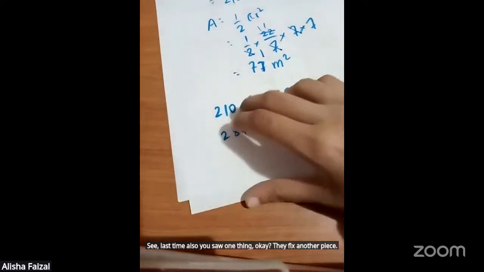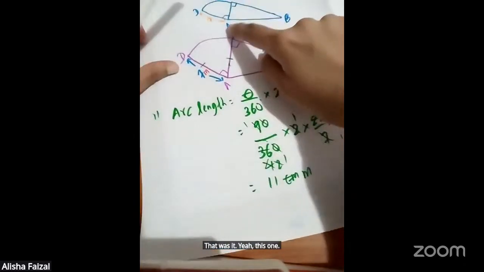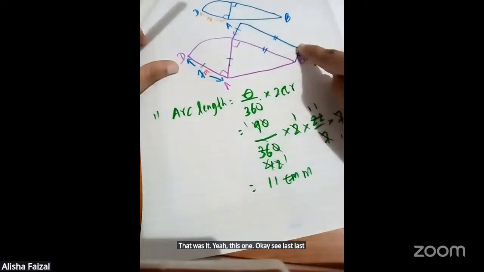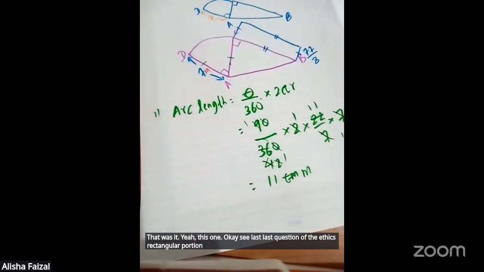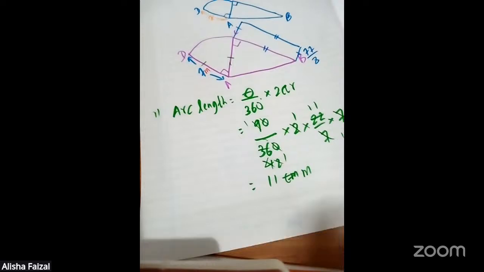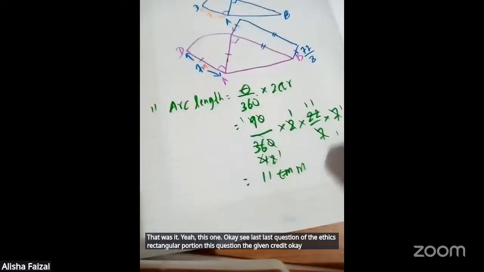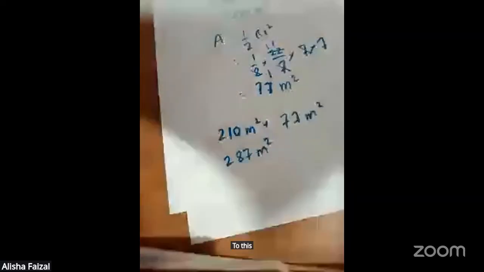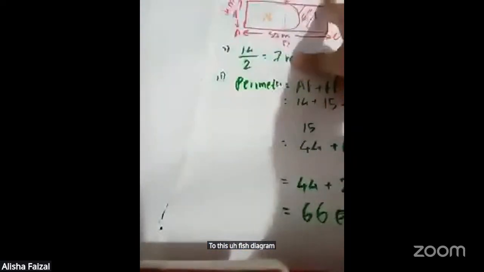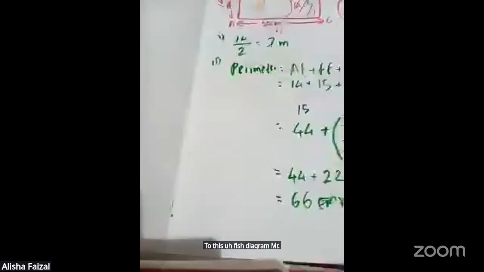Last question also they fix a rectangular portion. Even in the 2022 paper, they fix another piece to this diagram. Let's see what it is.